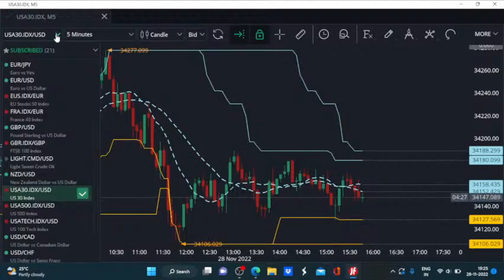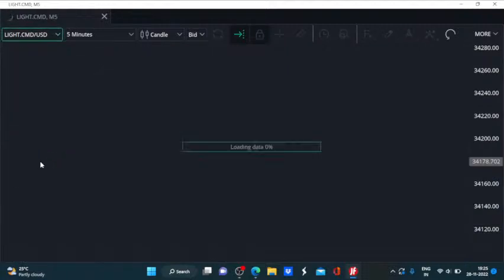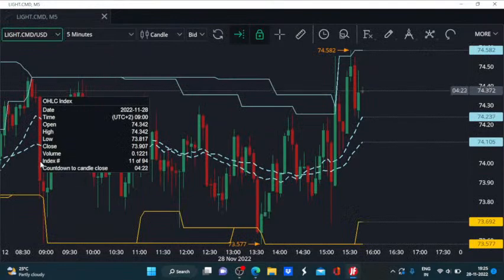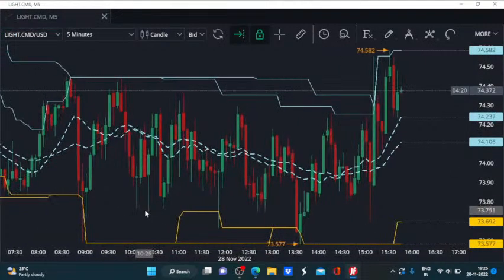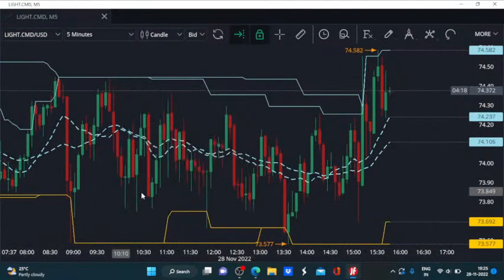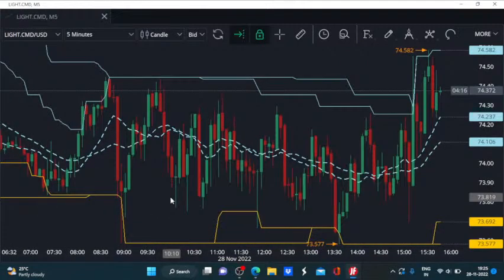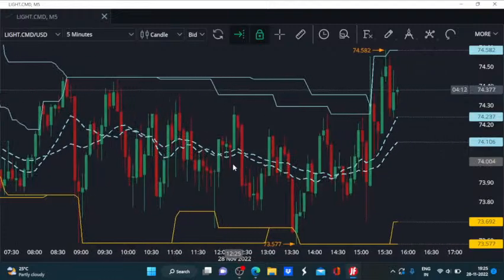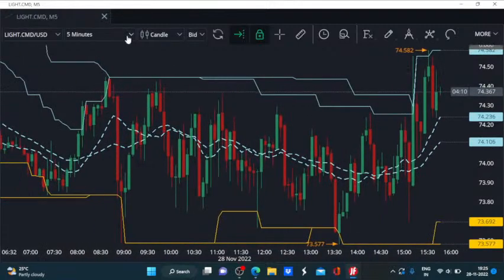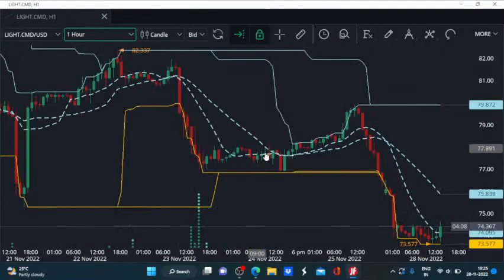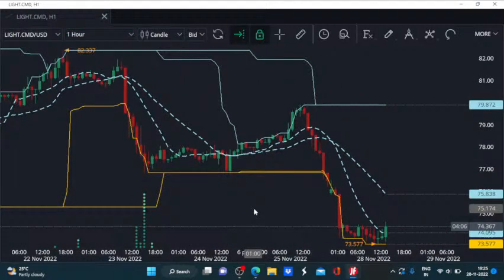And before we wrap up the session, let's also consider the commodity futures of light crude oil here. The light crude oil has traded in a narrow range of around $1, and it is not showing any substantial inclination.